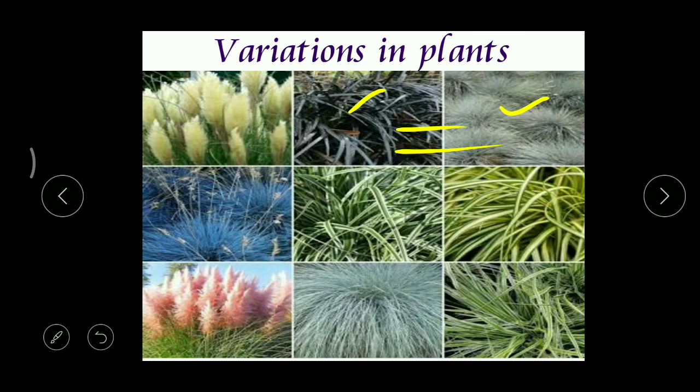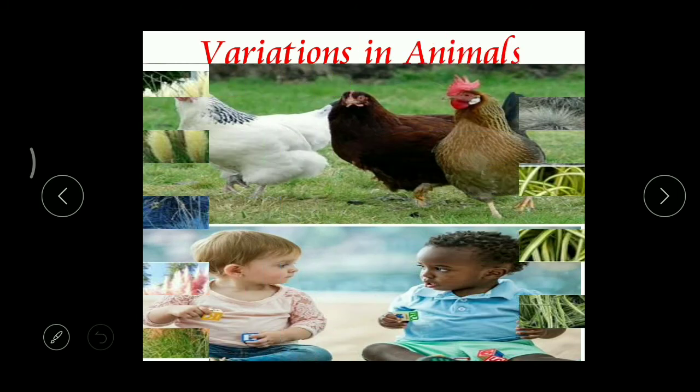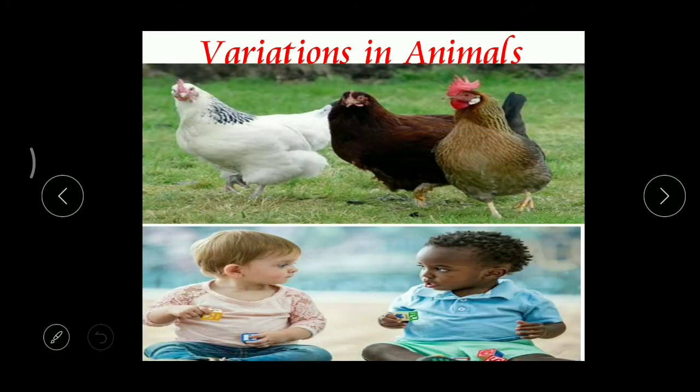So when you observe these grass plants in such a way, you will find many differences and also similarities. And in the same way you need to observe these two. These two are hens. They belong to the same species. But even then, can you find any differences or not? Yes.